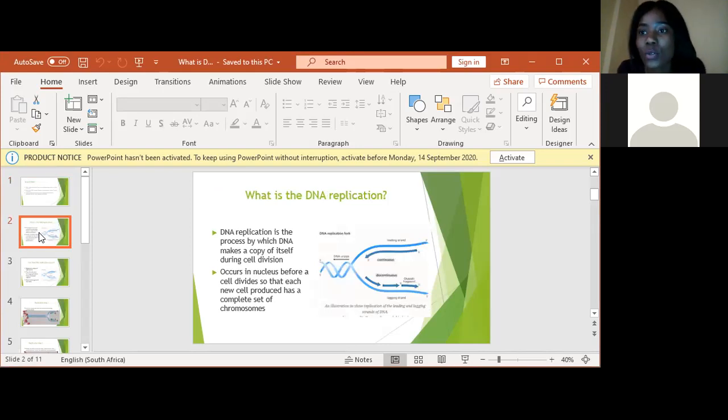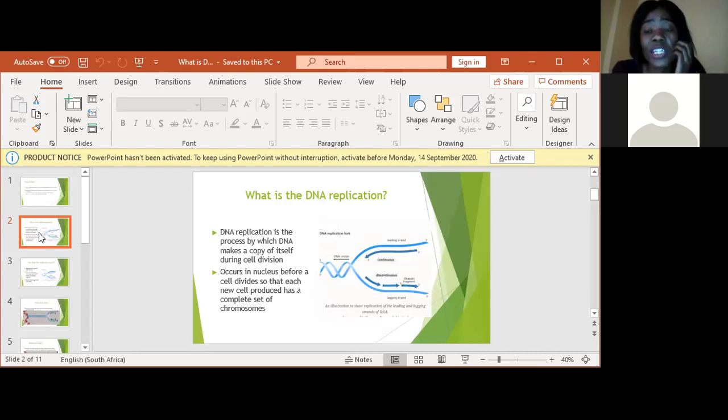Now let's have a look at DNA replication. I'm going to explain to you step by step the DNA replication process together with the enzymes involved in this process.